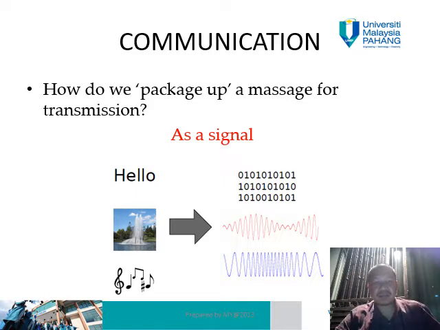Another example is a picture. For TV we have pictures. For telephone we have voice, we can hear voice. And for radio we have songs, for example music. So these are examples of information.